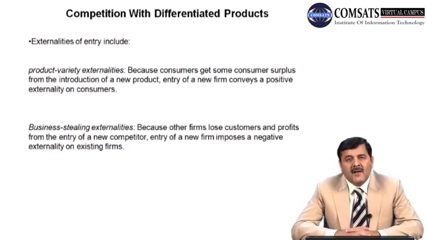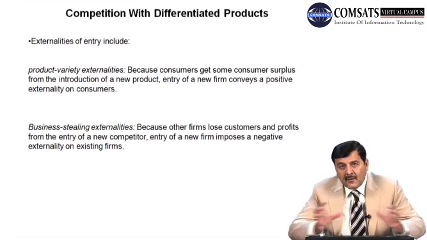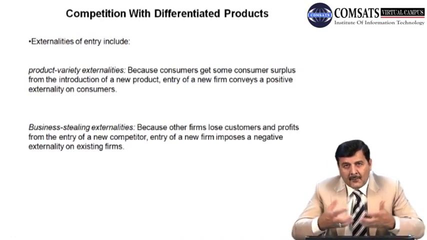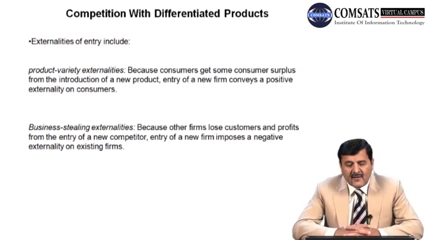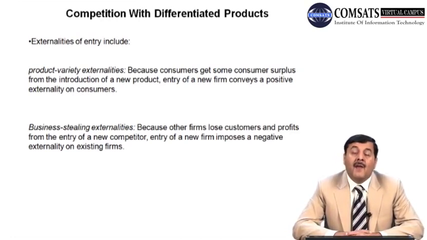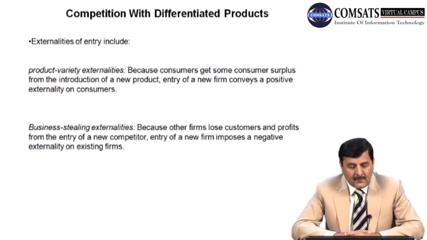There is free entry and exit, तो नई फर्म्स आती रहती हैं, they start producing new products. और जो existing firms होती हैं, क्योंकि कंपटीशन होता है, तो they also innovate their products, नए प्रोडक्ट में इनोवेशन लाते हैं. The first externality is that consumers get some consumer surplus from the introduction of new products in the market with the entry of new firms in the industry.